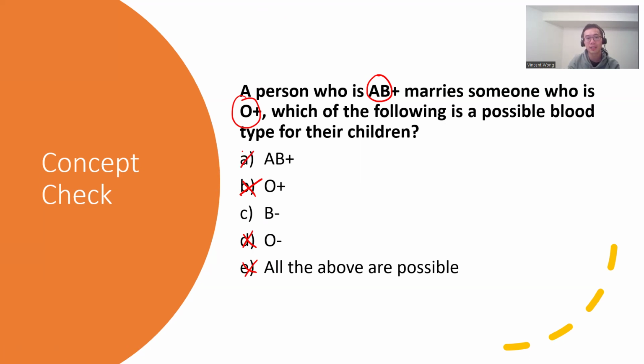AB, right? Yes, so it's done. But how can they have negative if they're both positive? They might be heterozygous, right? Ah, okay. So positive could be positive-negative, positive-negative. So the answer is C. Okay, now we know. All right.